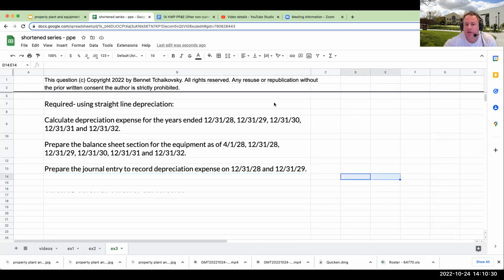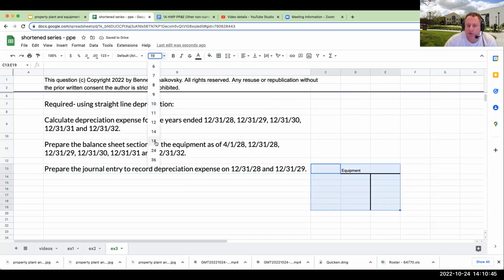When we bought the equipment, we're going to make the assumption that we paid cash for it, right? So I'm going to debit the equipment for the amount of the acquisition cost.